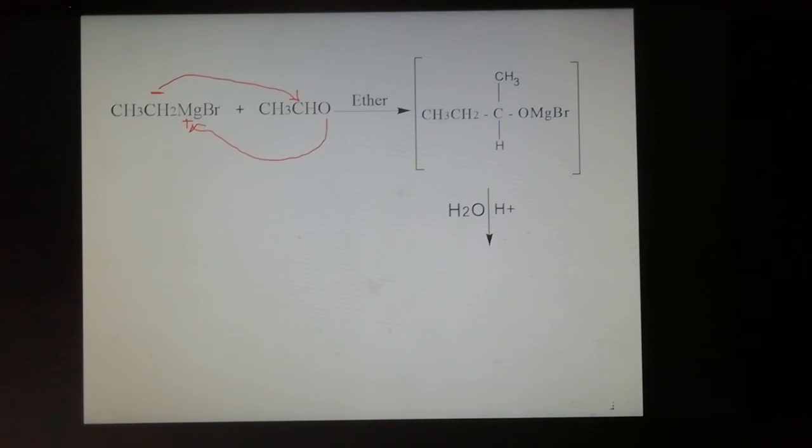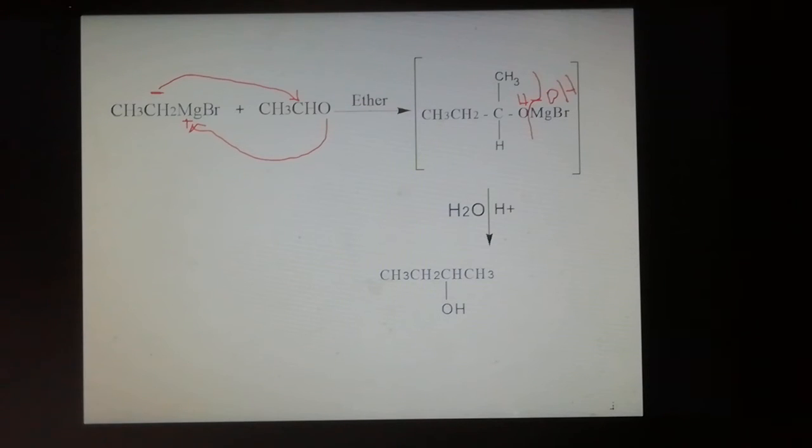So hydrogen adds to the oxygen, HOH, and the hydrogen adds to the hydrocarbon part, to form the alcohol CH3CH2CH(CH3)OH plus MgBrOH.